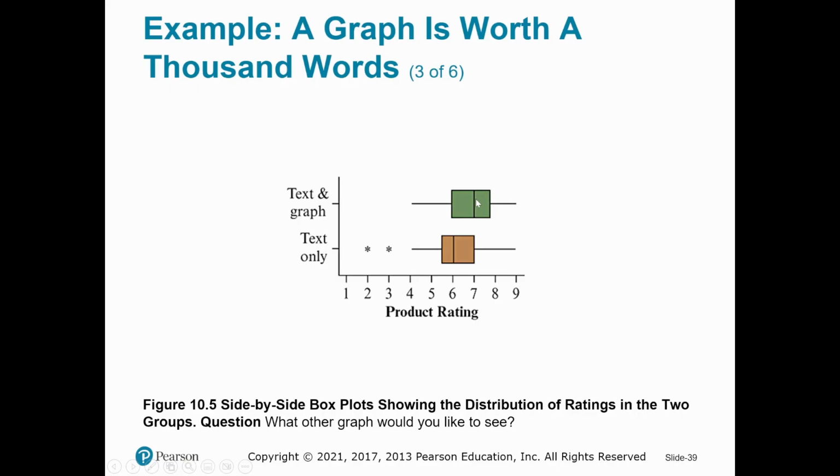You can see the median rating for the words and the picture is higher than the median rating, the vertical bar, from the text only. If you never took a Stats 1 class and you didn't know anything about variability, you might say, oh, this is higher than this. Ergo, this has to be better than this. In other words, adding the picture has to be better than the text alone.